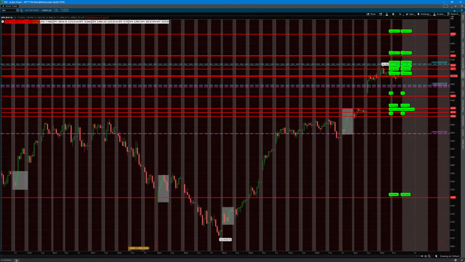I do want to point out first the key turning points. So this is the reversal higher on October 30th.